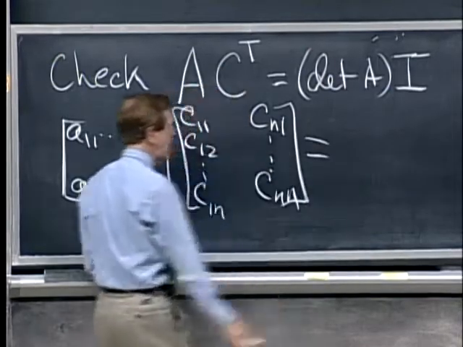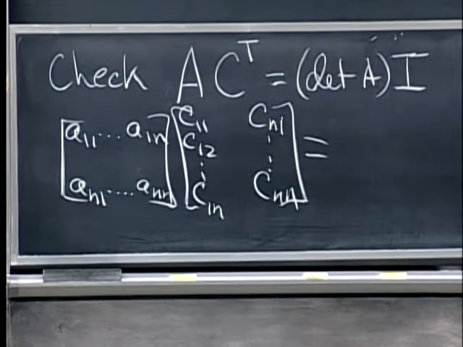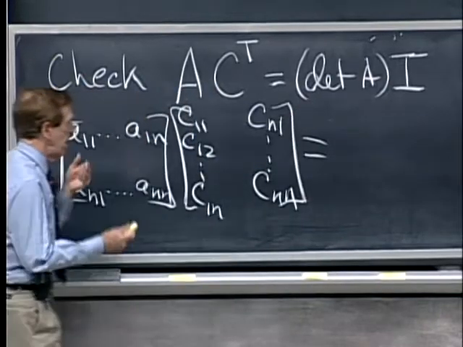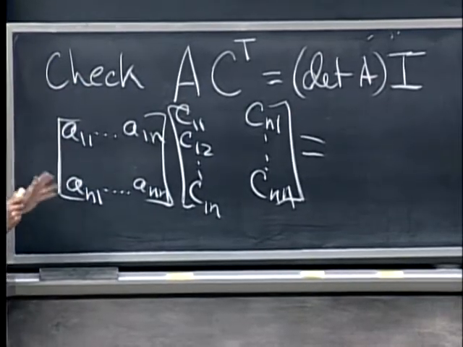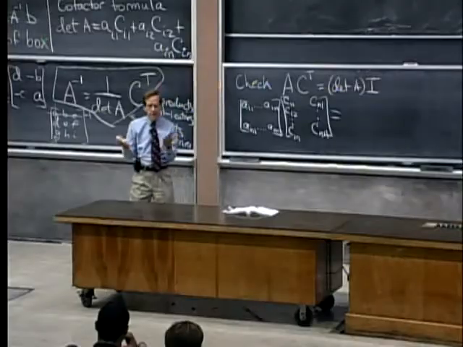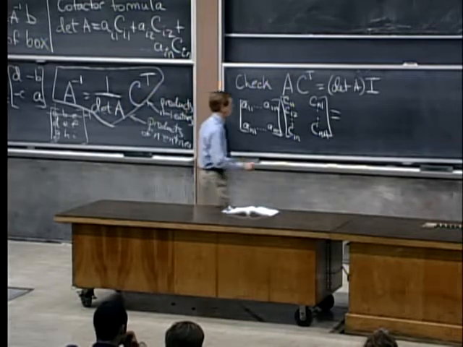And why should that come out to be anything good? In fact, why should it come out to be as good as this? Well, you can tell me what the 1,1 entry in the product is. You're seeing the main point if you just tell me one entry.